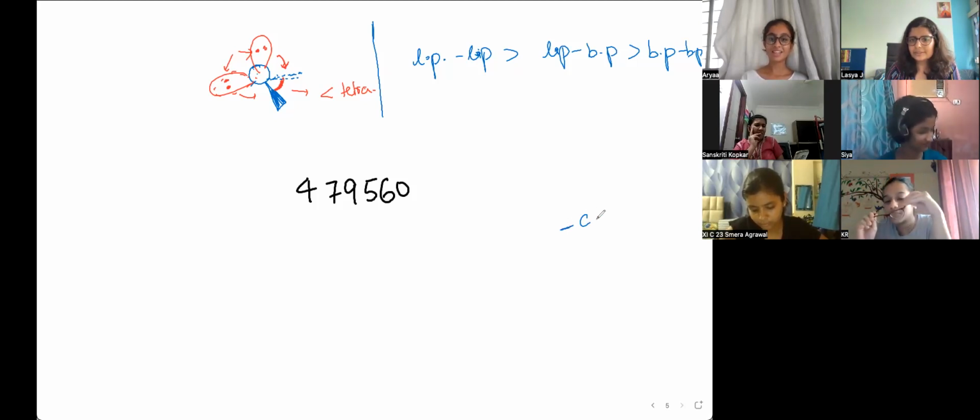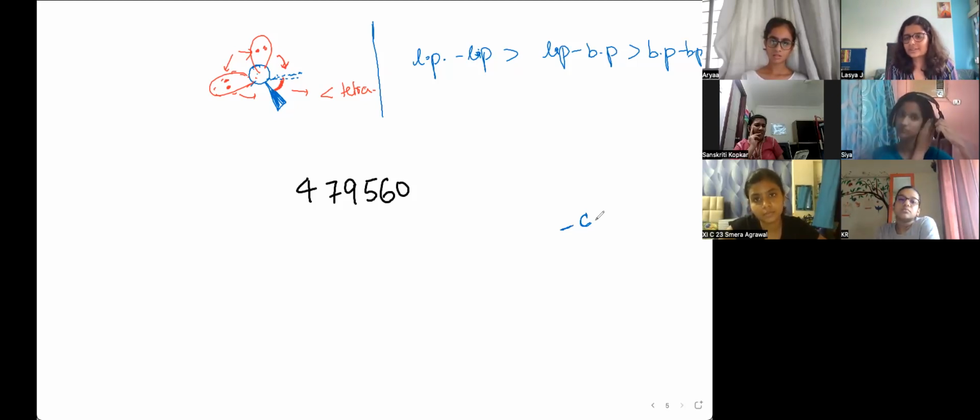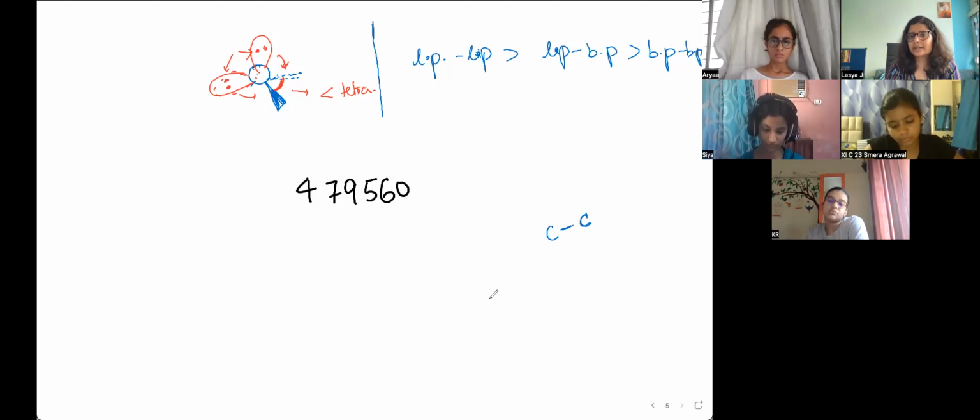See, primary means it has to be attached to only one carbon atom or none at all. If it is attached to none, that's only methyl alcohol, nothing else. Otherwise, primary is basically attached to one other carbon atom. These two cannot be carbon, they have to be hydrogen.